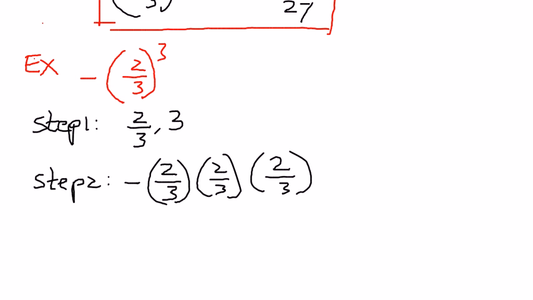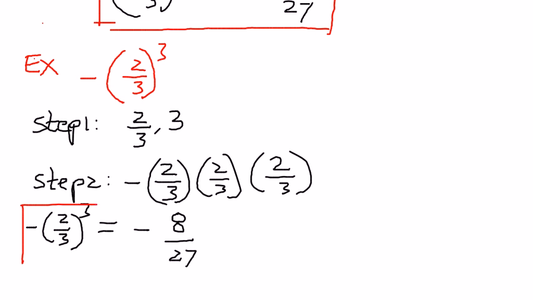Now we simplify the math. We keep the negative sign outside. 2 times 2 is 4, 4 times 2 is 8, divided by 3 times 3 is 9, 9 times 3 is 27.